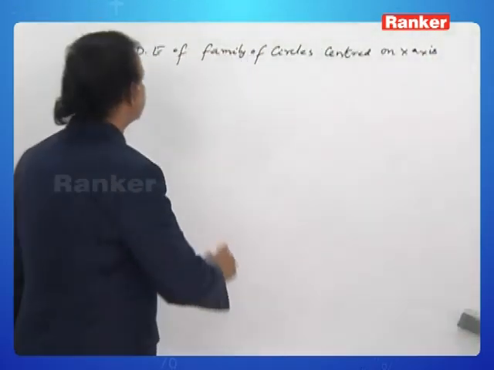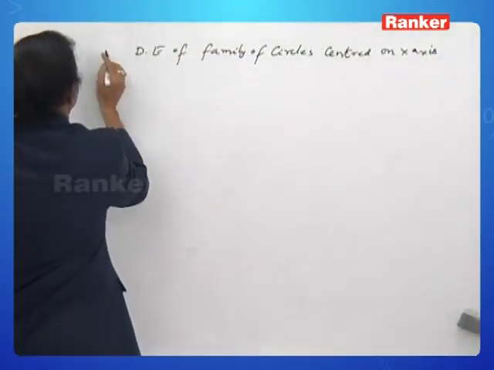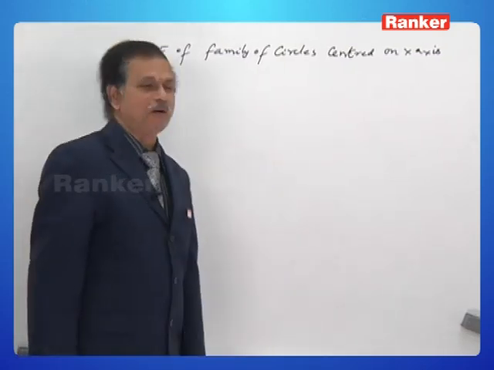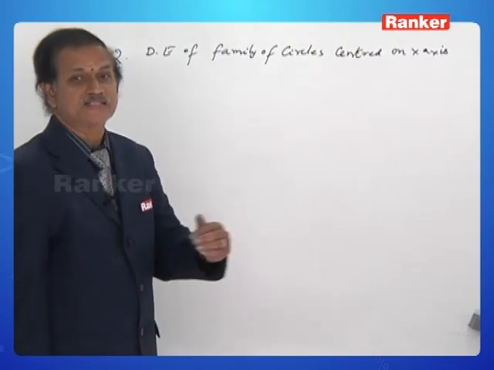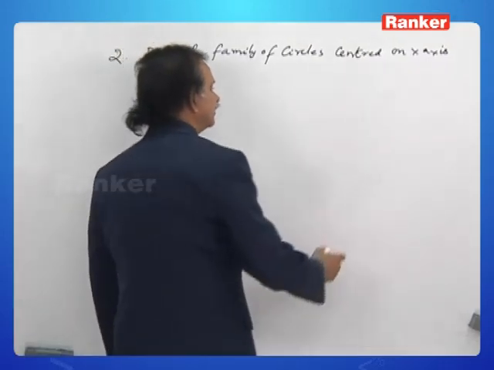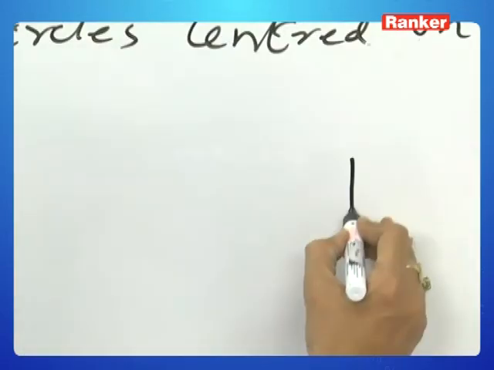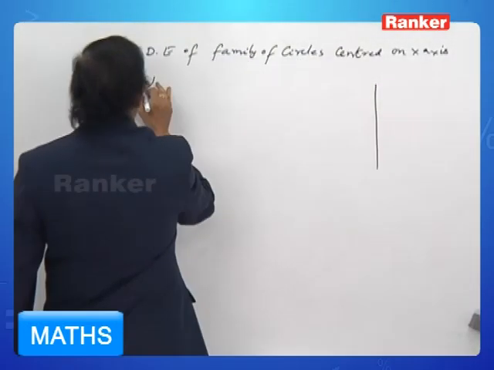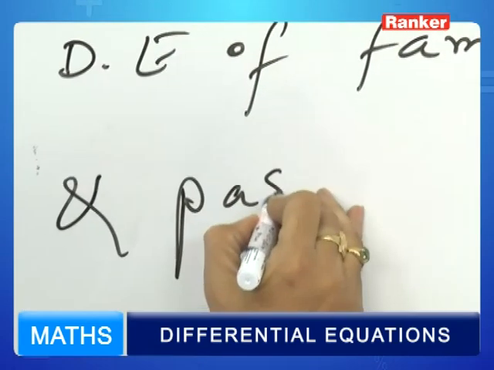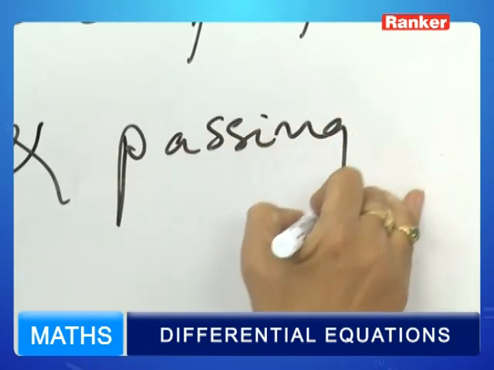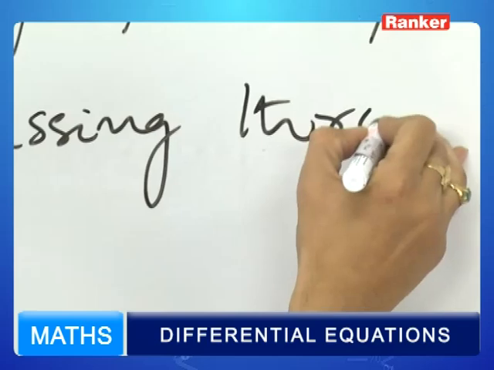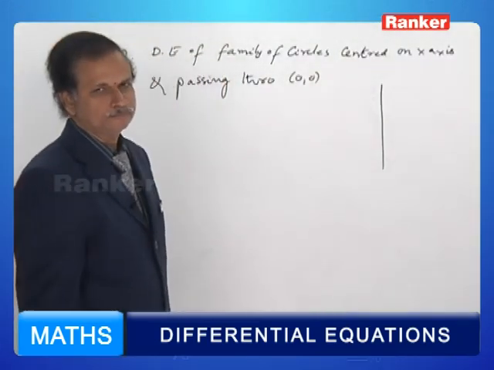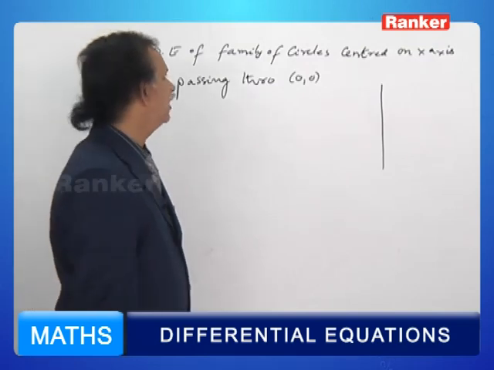The next question is: differential equation of the family of circles centered on x-axis and passing through origin.